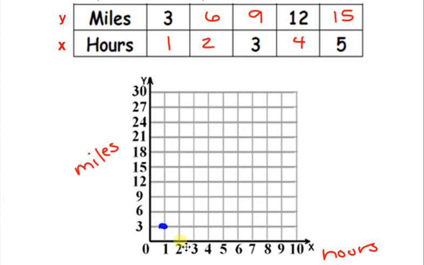Our next x is 2 and then the y is 6. Then we have an x of 3, a y of 9. We have an x of 4, a y of 12. We have an x of 5 and a y of 15. And again, you should have something that looks very much like a linear equation.